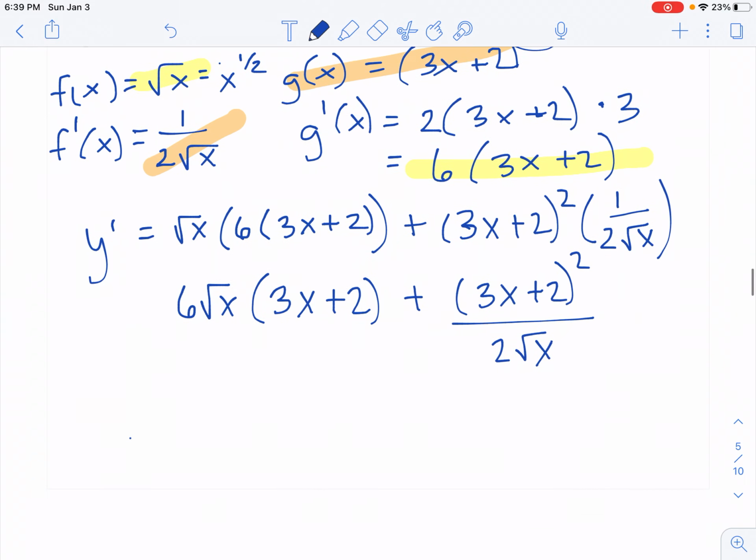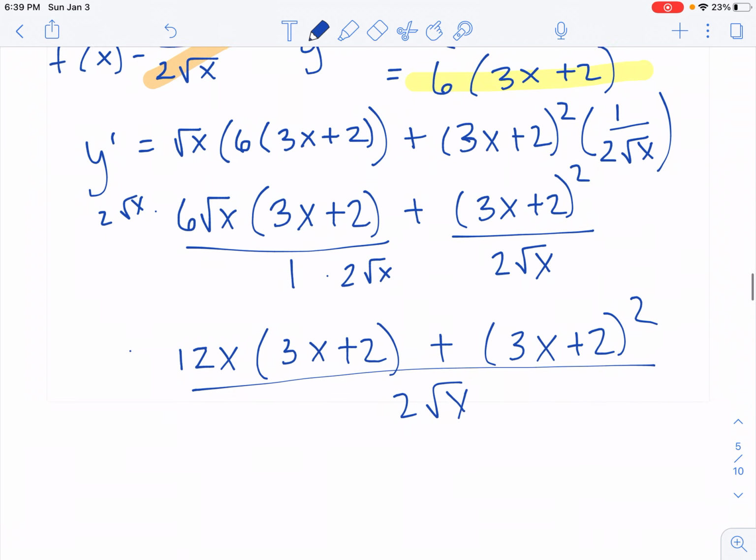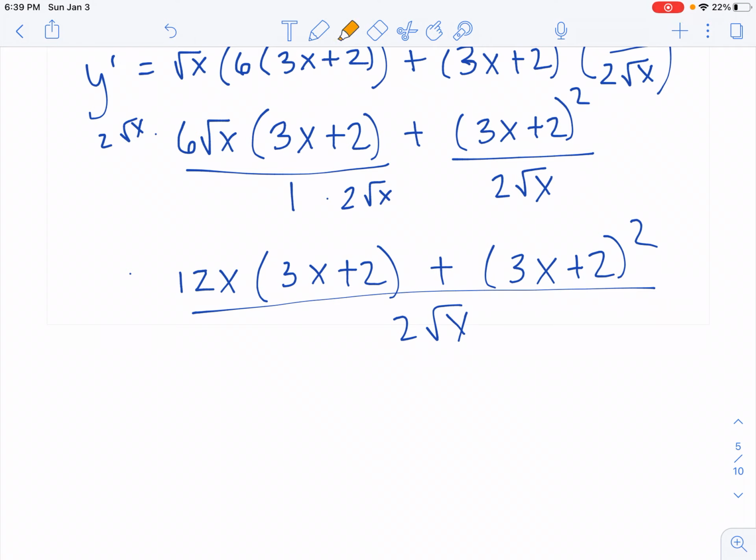Could get a common denominator here to add these two. And we would get 12x. You might notice there's a common factor here of 3x plus 2.